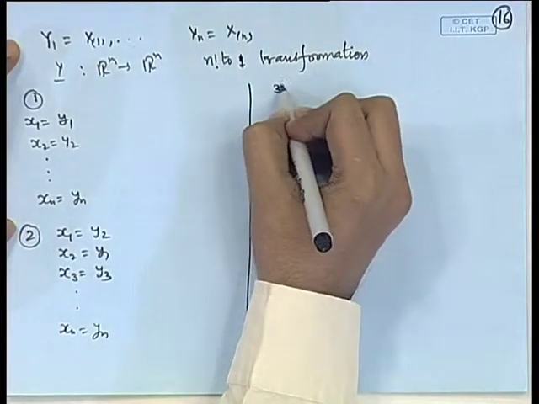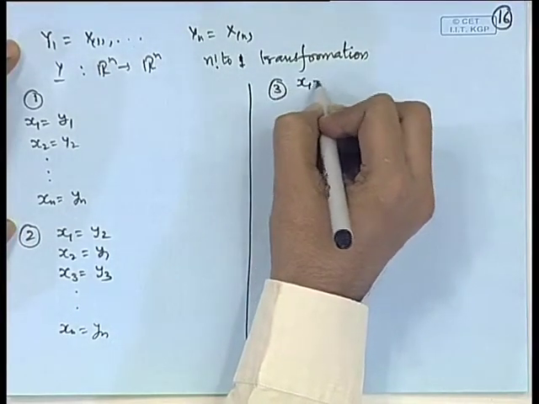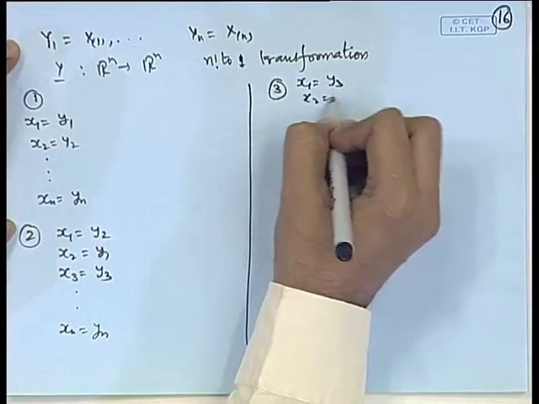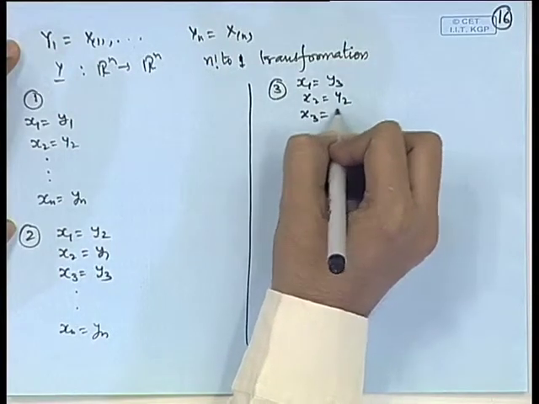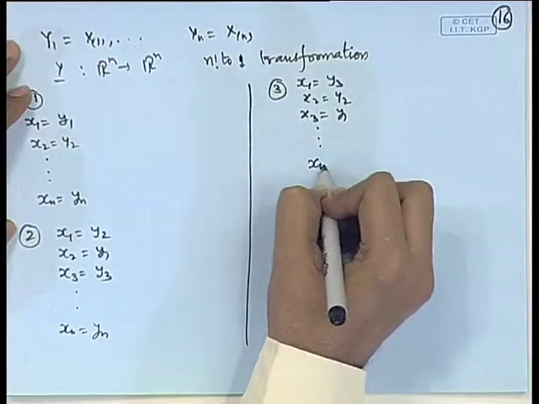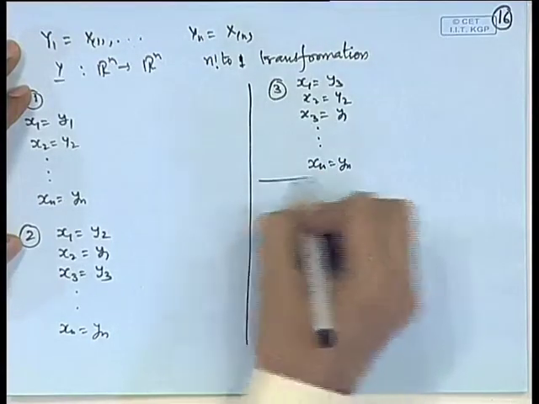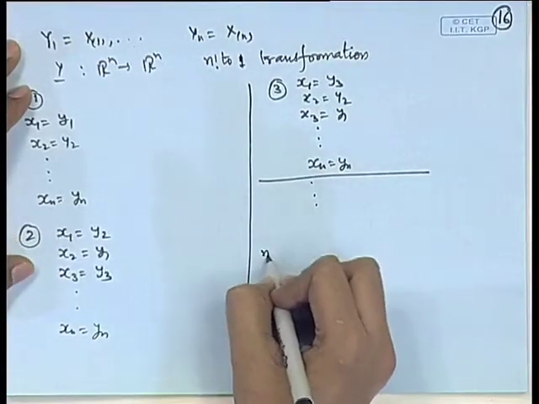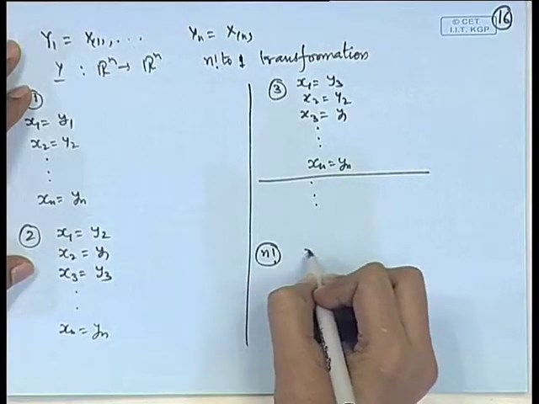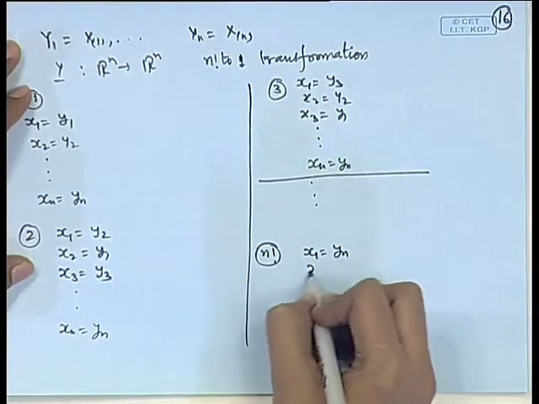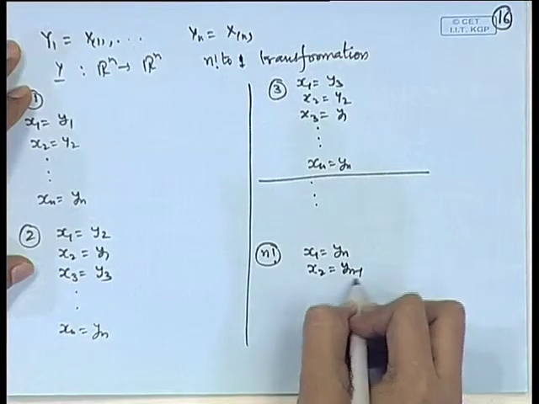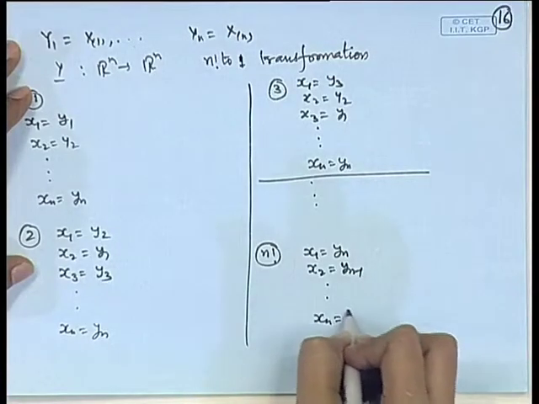In region 3, it may be x 1 equal to say y 3, x 2 equal to y 2, x 3 equal to y 1 and so on, x n equal to y n, and so on. In the n factorial region, we may have x 1 equal to say y n, x 2 equal to y n minus 1 and so on, x n equal to y 1.